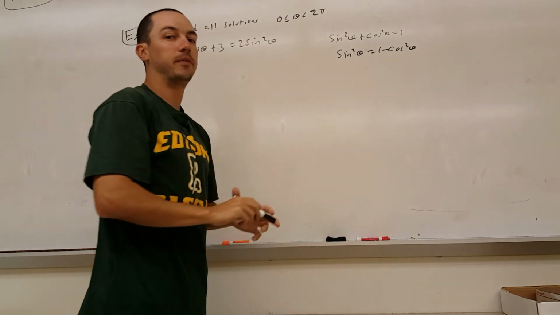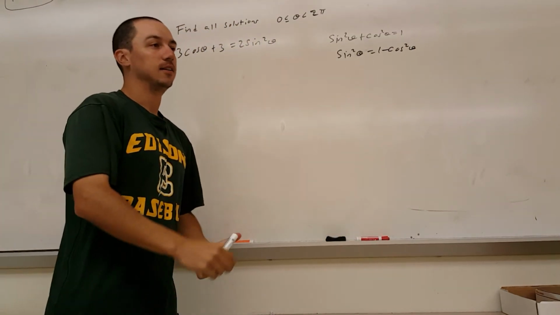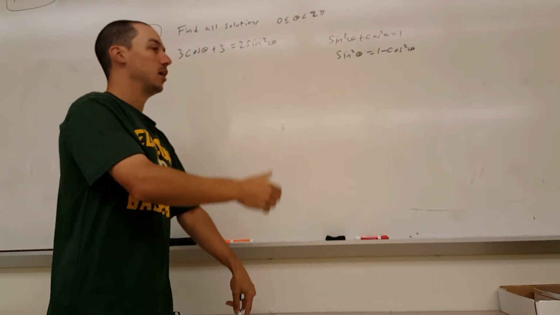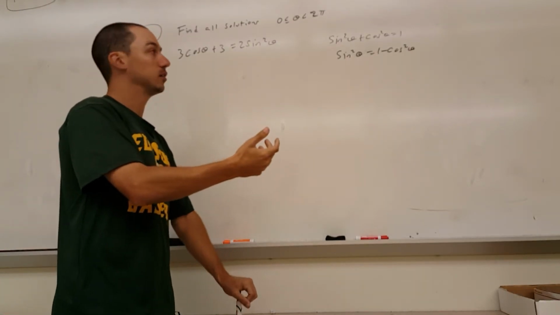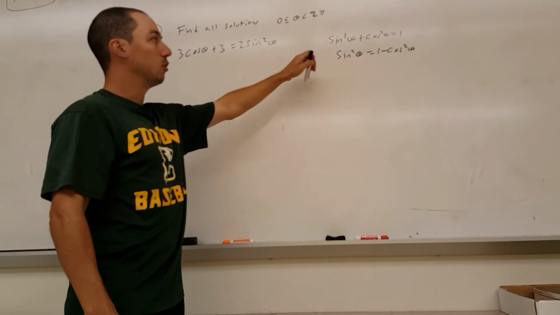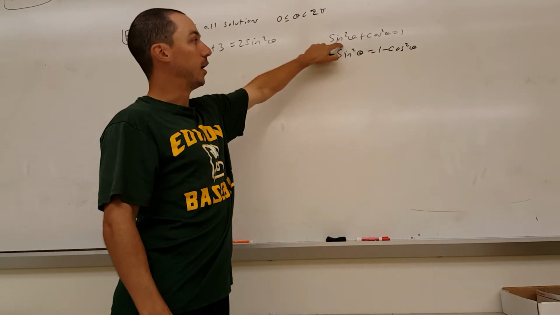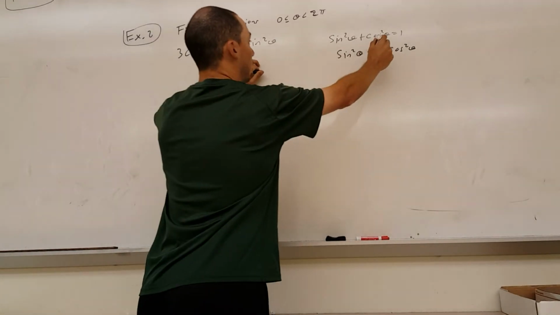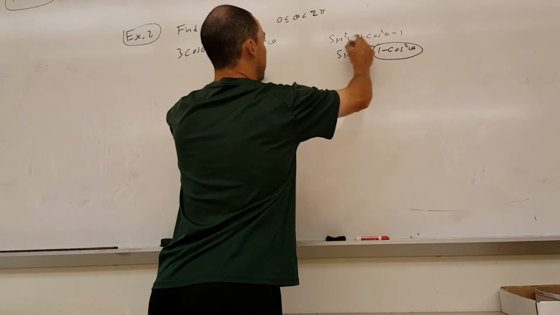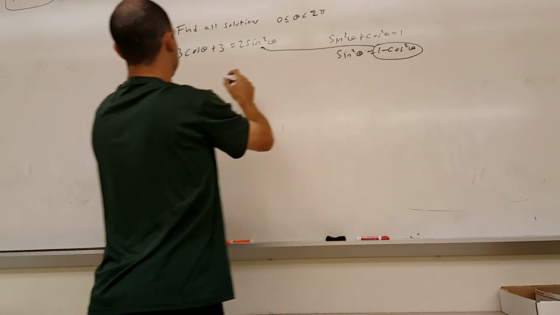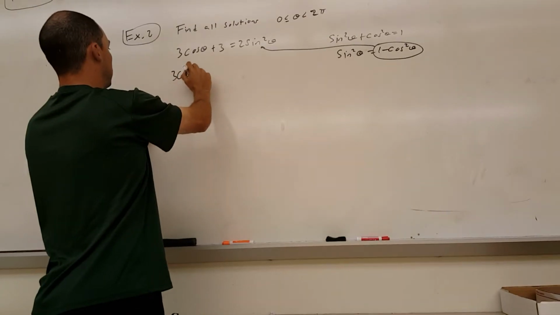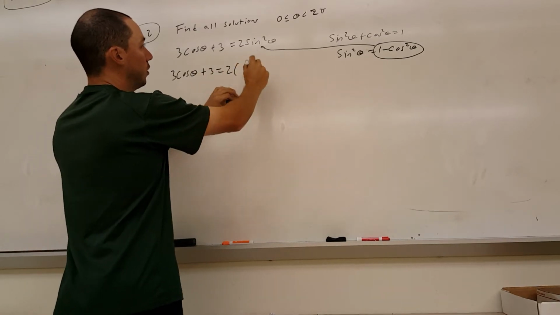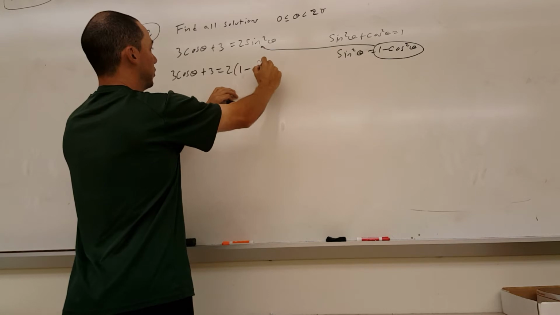Now when I say you need to know the Pythagorean identity in all its forms, that doesn't just mean tangent squared plus 1 equals secant squared, and 1 plus cotangent squared equals cosecant squared. You also need to realize that you can take this Pythagorean identity and rearrange it for any term. So here's my substitution. 1 minus cosine squared theta is going in for sine squared theta. 3 cosine theta plus 3 equals 2 times the quantity of 1 minus cosine squared theta.